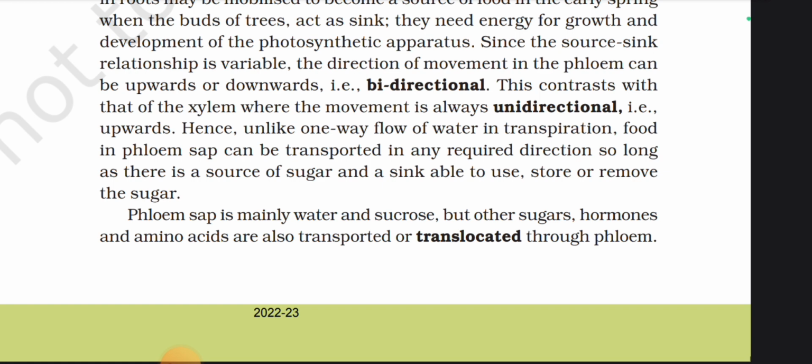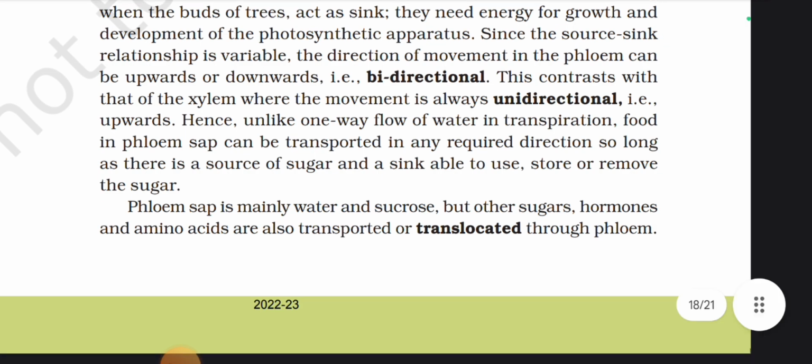Phloem sap is mainly water and sucrose, but other sugars, hormones and amino acids are also transported or translocated through phloem.